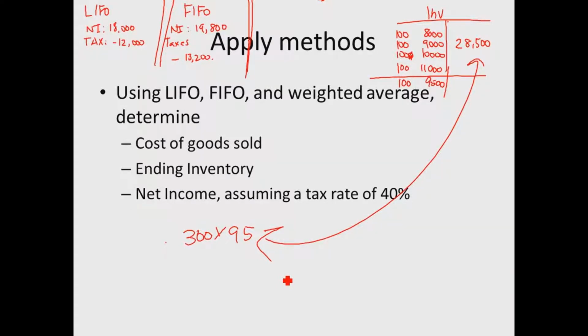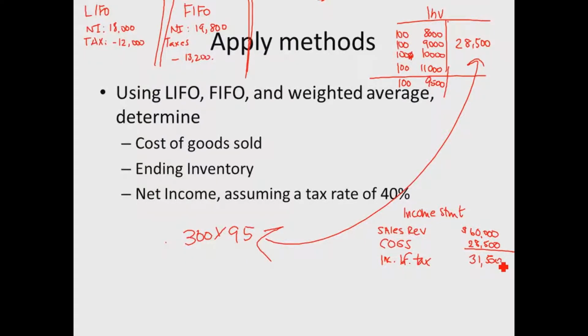What is my income statement going to look like? Well, I have sales revenue, same amount, cost of goods sold, and where is this falling relative to LIFO and FIFO?